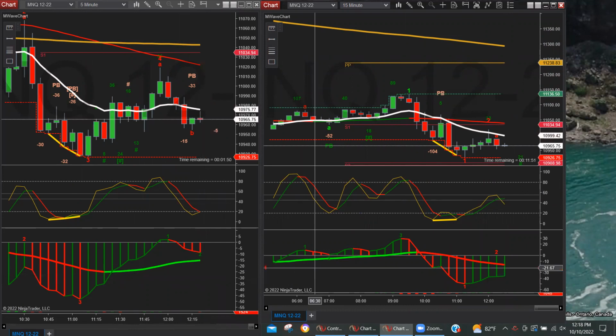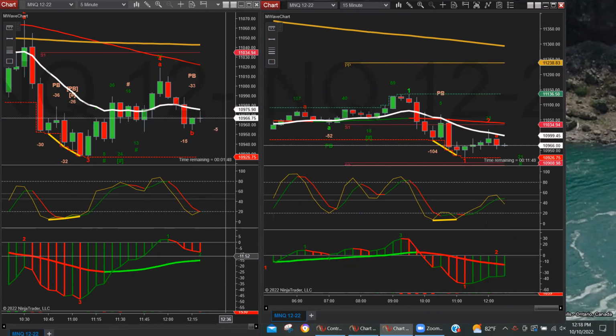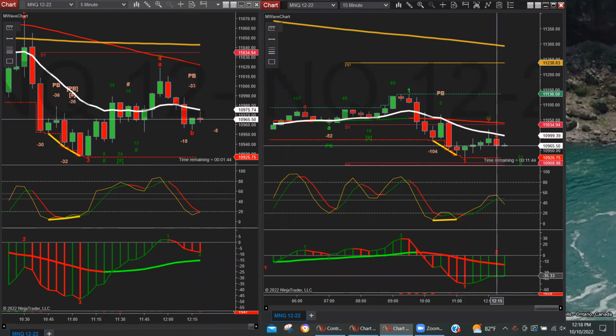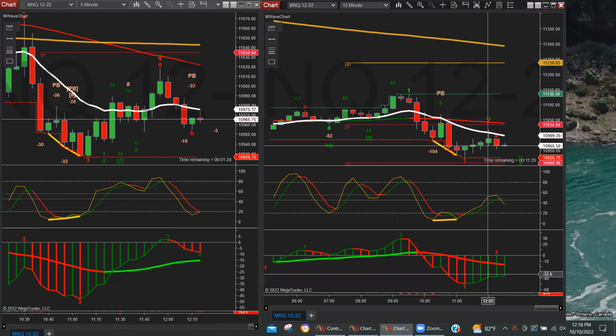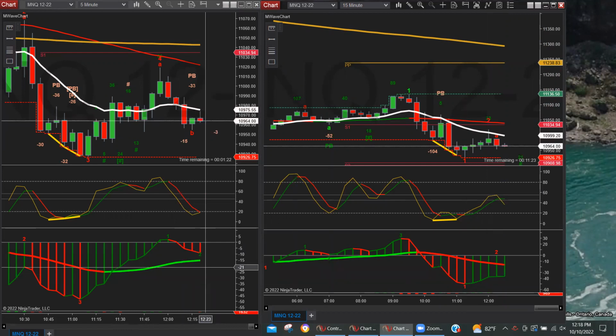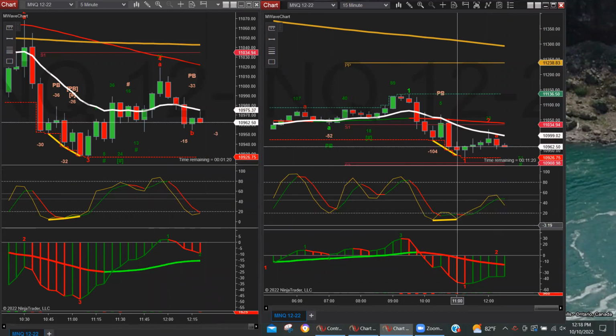Now, sometimes you'll get mom and dad going in the same direction, and you may only have mom on the 15 go with you. You could take that, just be careful because it may give you a nice trade, but not really go very far. When I say not very far, you still get your 20 points, which is a pretty good trade. So I would say you want at least mom on the 15 to go with mom and dad on the 5, and you'll be okay.